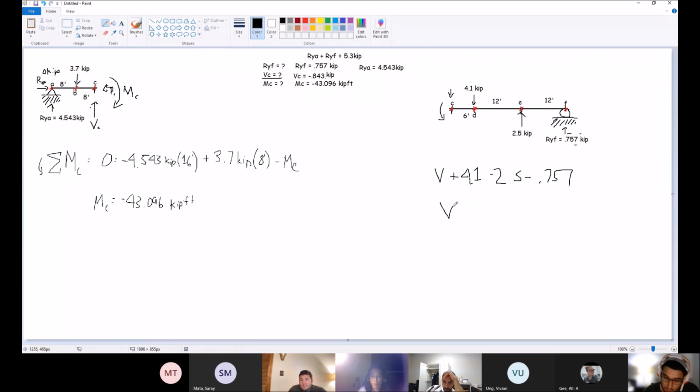Oh, you're taking it on the other half, right? Yeah, so it's V plus 0.843. So V is equal to negative 0.843. That should be right.